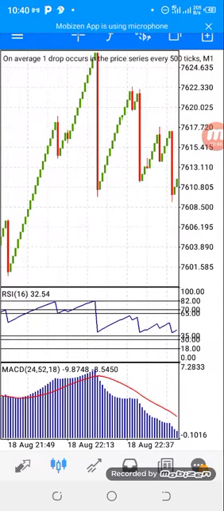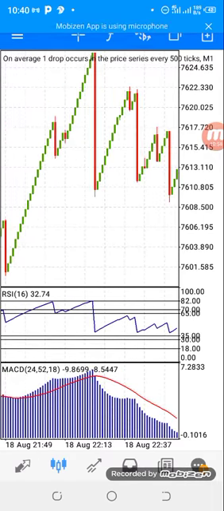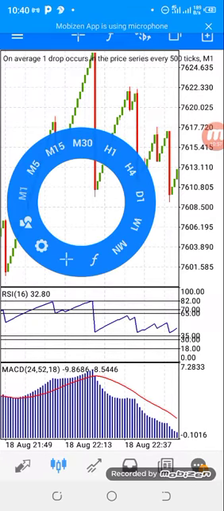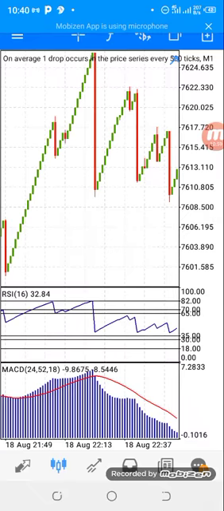Now let's look at it from this angle. Now this is our MACD. This is our red signal line and these are our MACD bars.